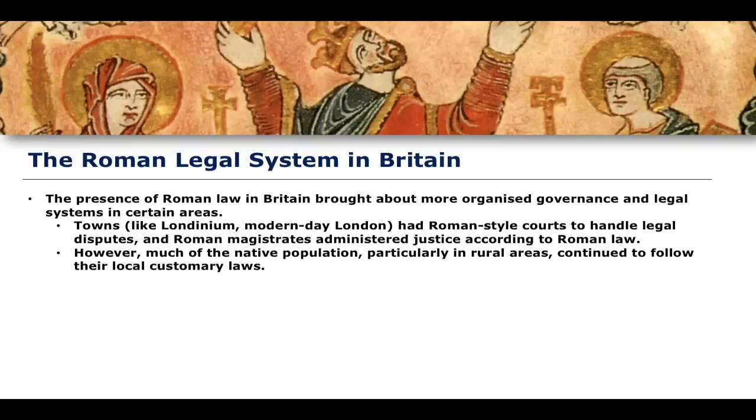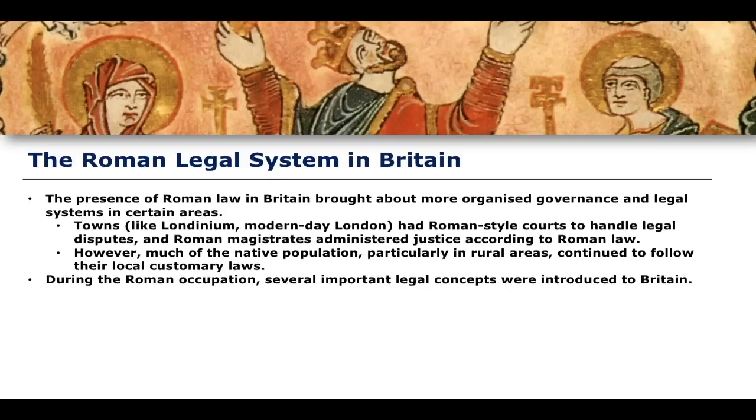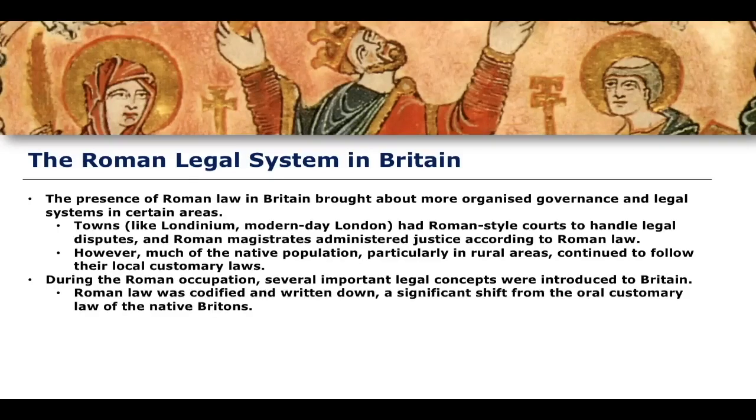So the Roman law didn't really have the kind of in-depth influence over the majority of the native population. During the Roman occupation, several important legal concepts were still nevertheless introduced. So the Roman law was codified.